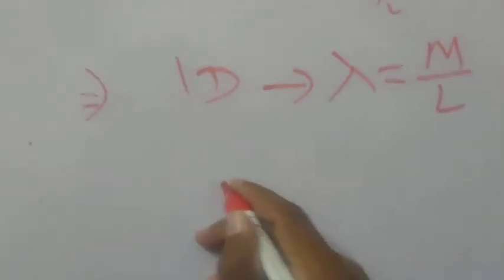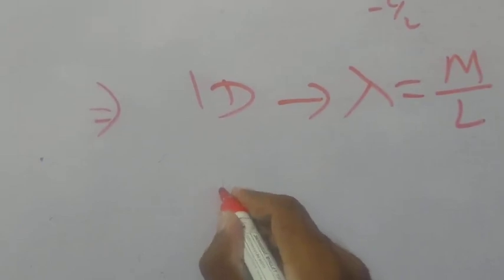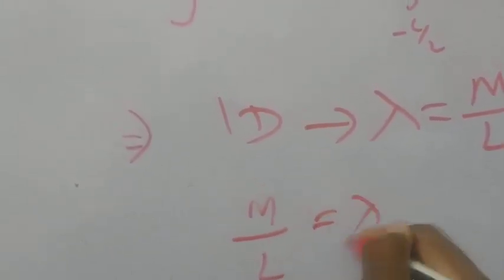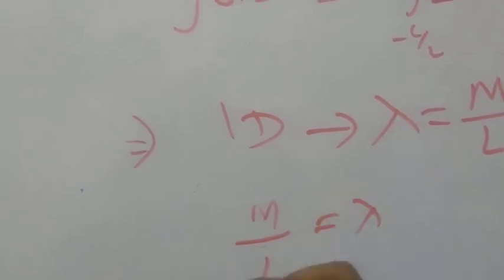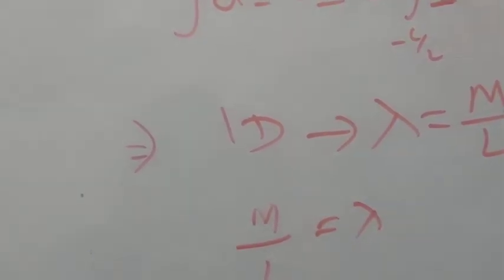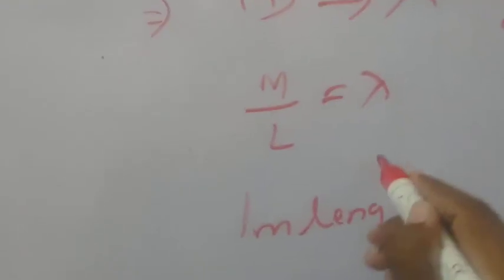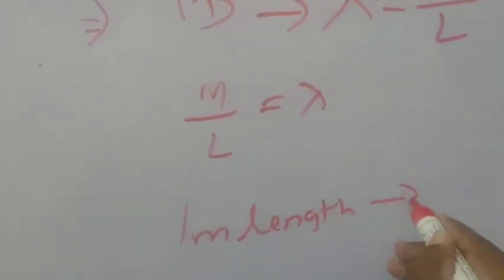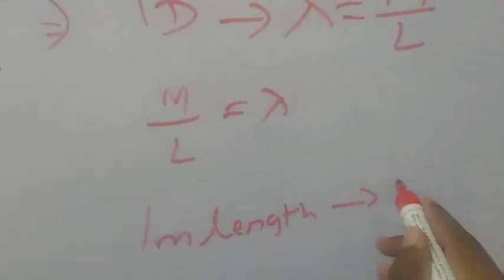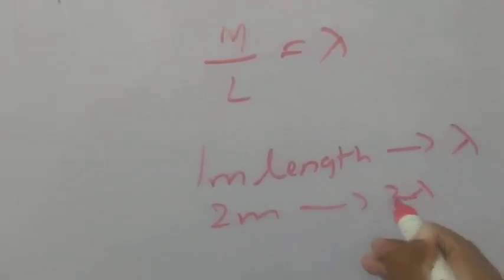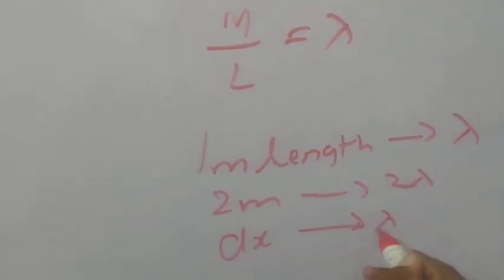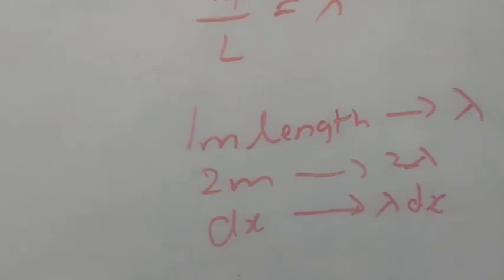So mass by length is nothing but lambda. For 1 meter length, it will be lambda. For 2 meters, it will be 2 lambda. For dx, it will be lambda dx.